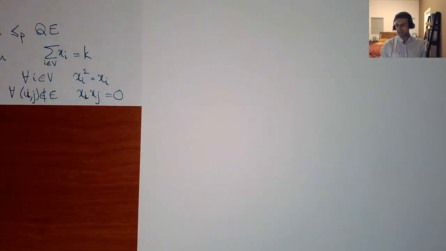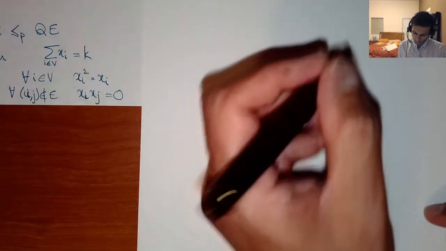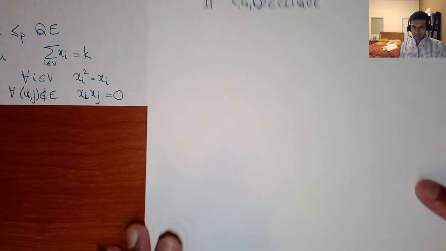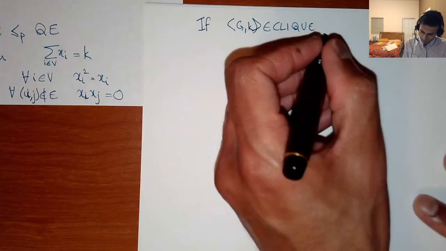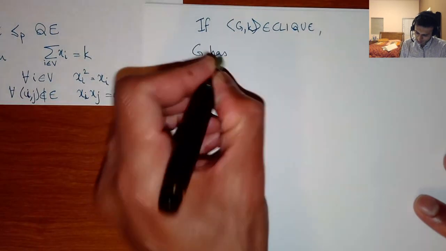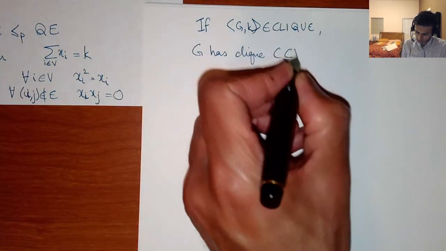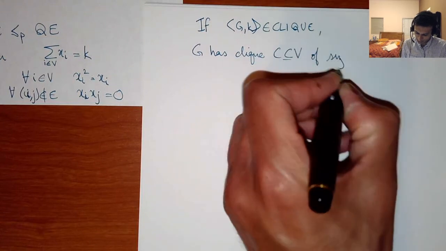Technically, I'm only showing that QE is NP-hard, but you can also show that it's in NP. So, okay, if G, K is in Clique, that means G has a clique, which I'll call C, a subset of V, of size K.